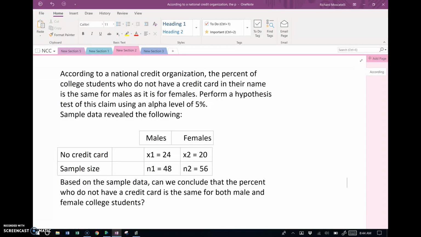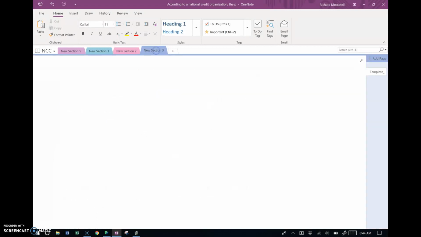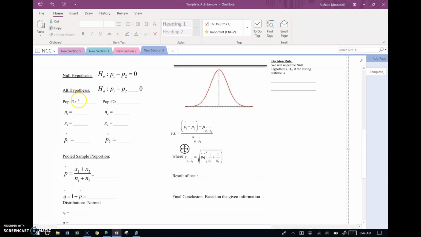Right now, for the hypotheses, we're comparing males with females. So for population 1 and 2, I'll say male and female. Remember, we're trying to test whether the proportion of male and female college students that don't have credit cards is the same.